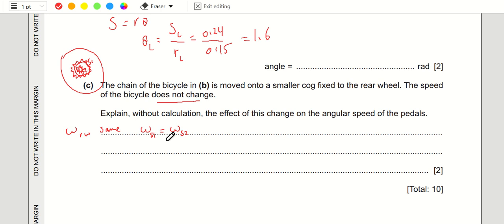And we have S small cog equal to S large cog, whether it is with small cog 1 or with small cog 2.